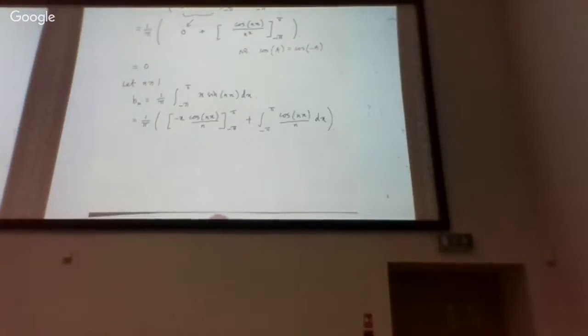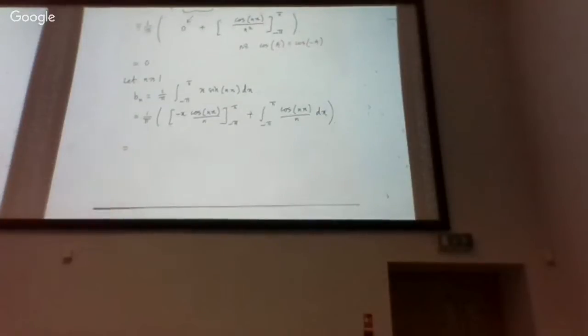Okay, you just have to proceed very carefully. Very often with these things, there are minus signs flying everywhere. You're evaluating things at the edges of integrals.